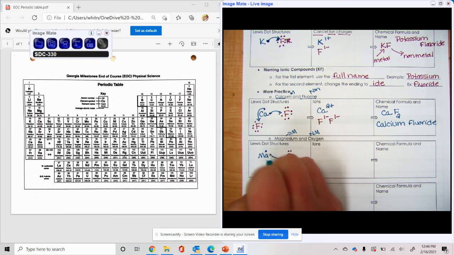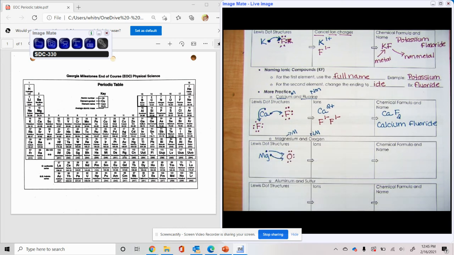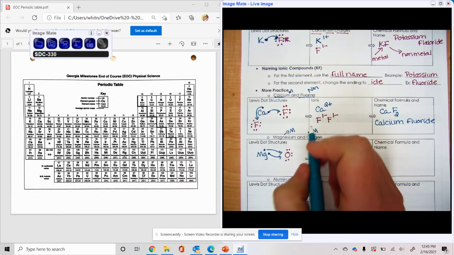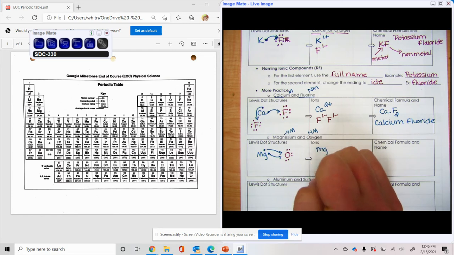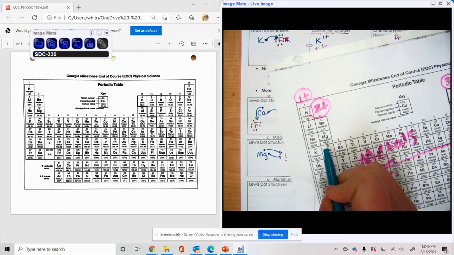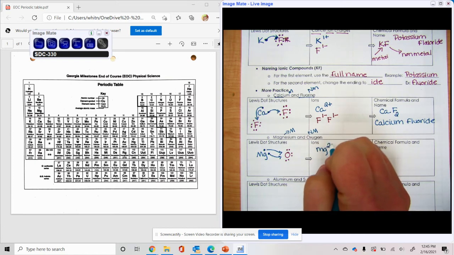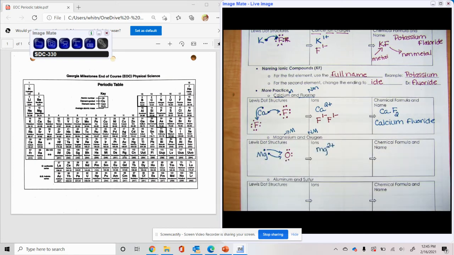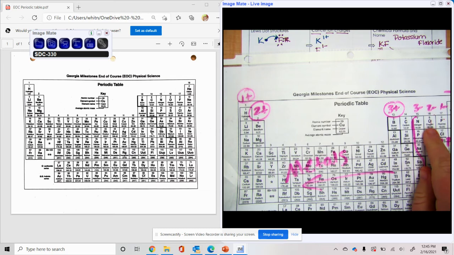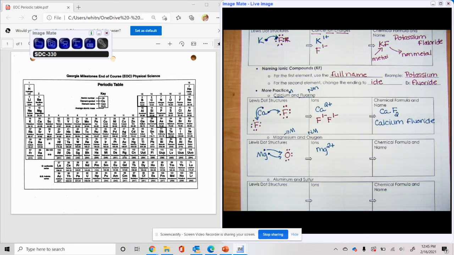So 1, 2. Magnesium, it's all gone there. Oxygen is all full now. Let's go and write our ions. So Mg 2 plus. Oxygen, 2 minus.